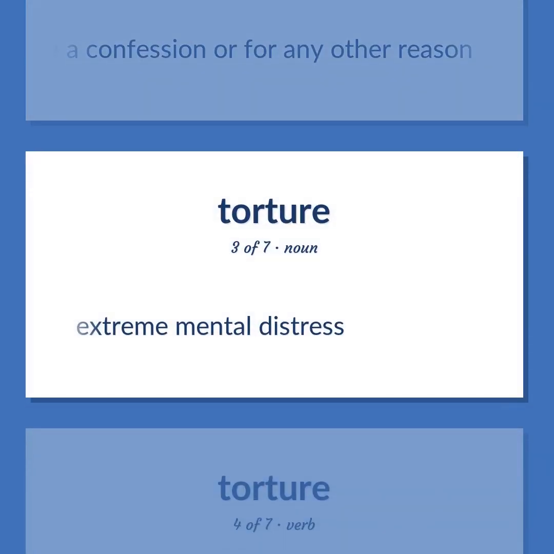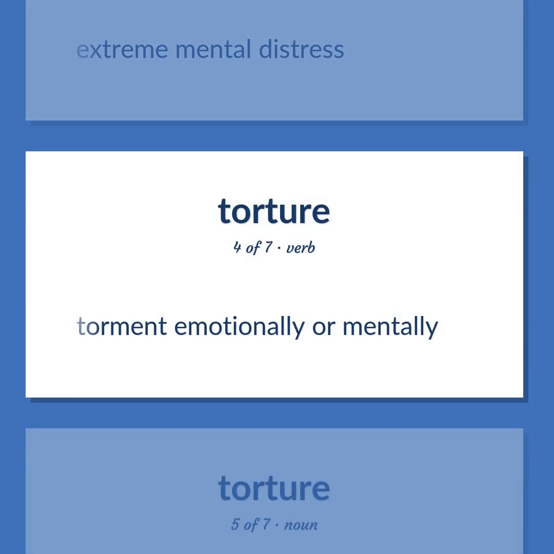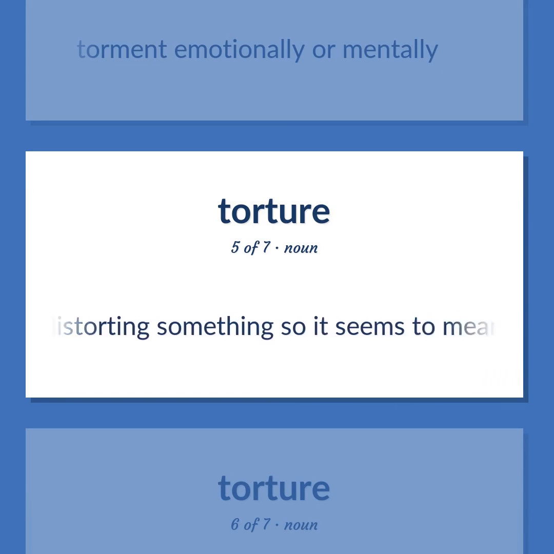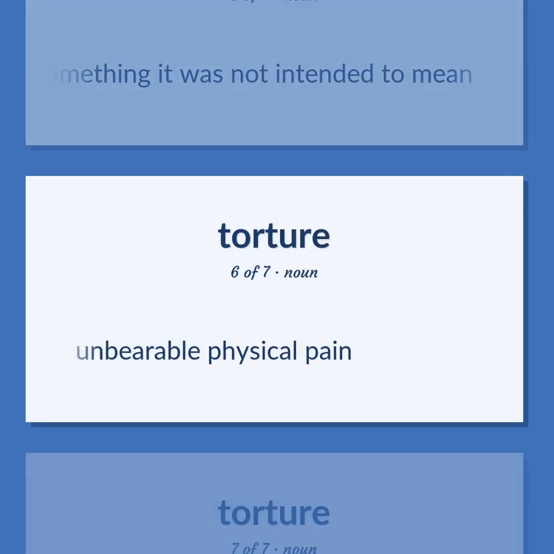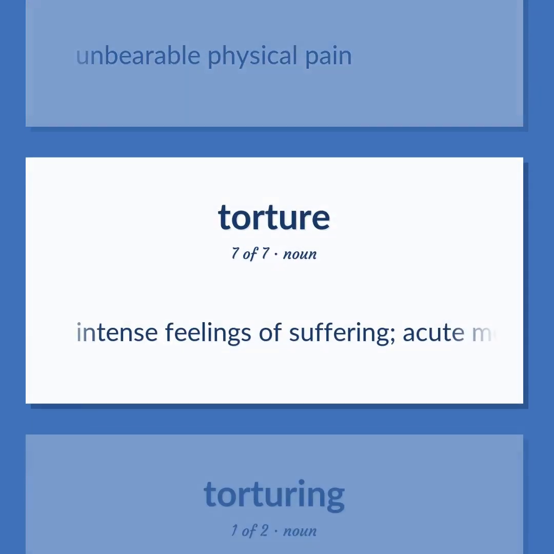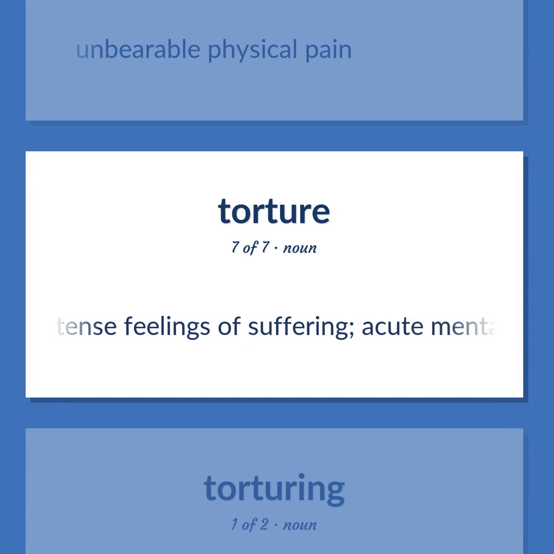Extreme mental distress. Torment emotionally or mentally. The act of distorting something so it seems to mean something it was not intended to mean. Unbearable physical pain. Intense feelings of suffering.